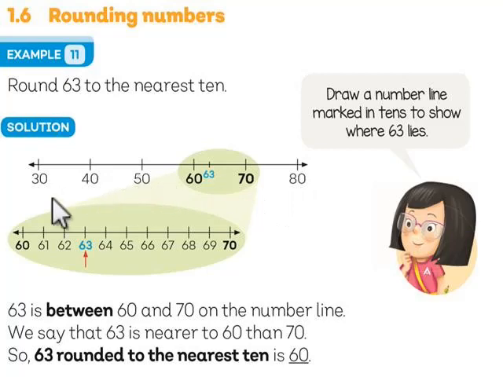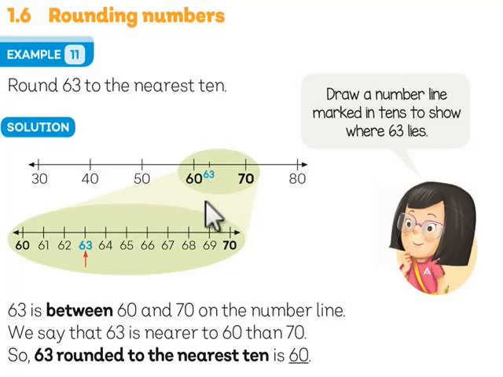So we will make 30, next is 40, 50, 60, 70, 80. So you can see here number 63. So let's estimate: this one is from 60, 61, 62, 63. So this one is 63.